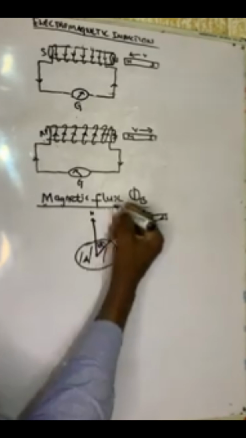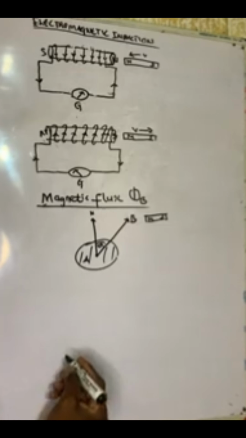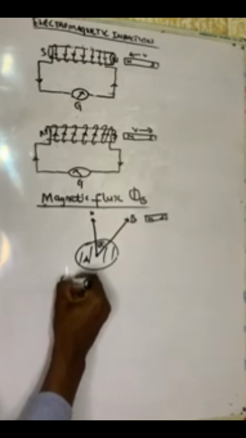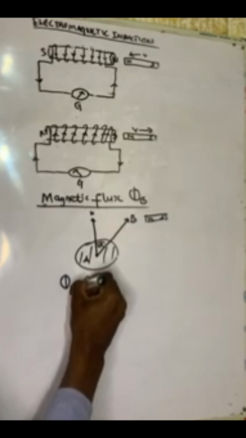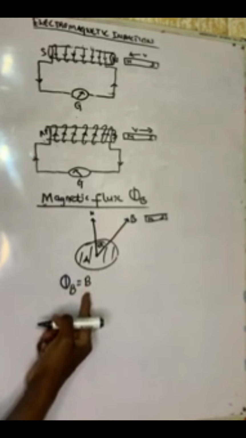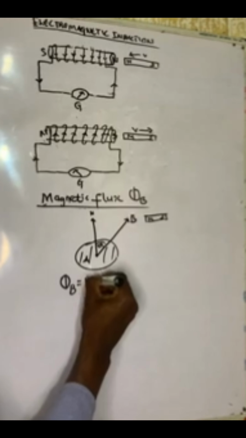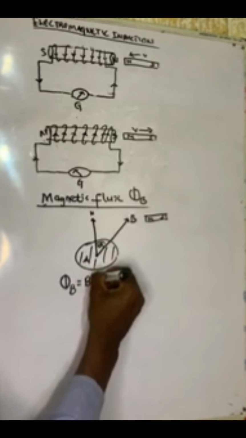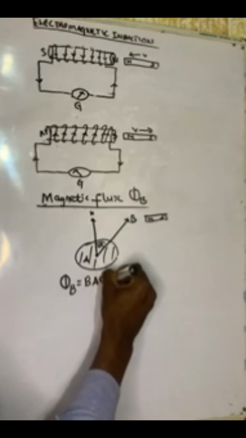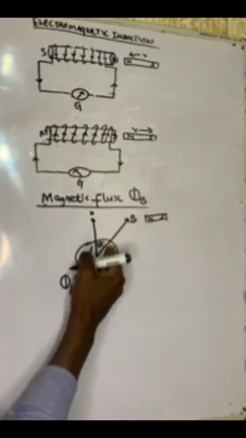Then, should we use vectors to resolve for magnetic flux, we can say the magnetic flux will be equal to the product of the magnetic field, otherwise known as magnetic flux density, the area of the current carrying conductor, and the cosine of the angle between the magnetic field and the normal.